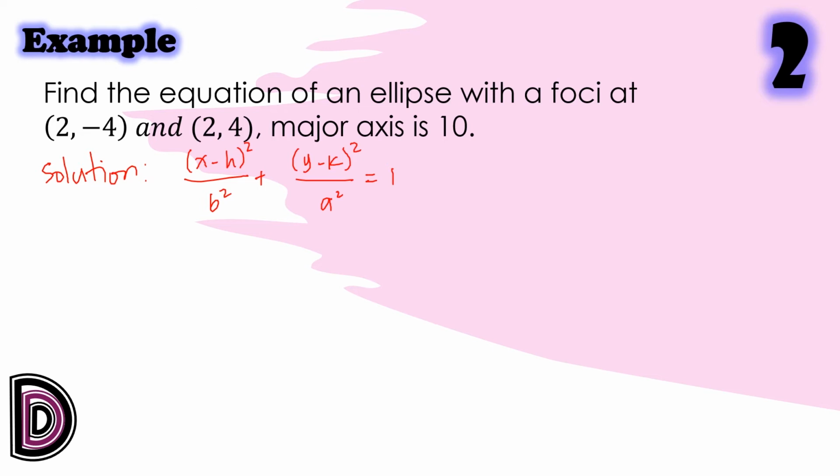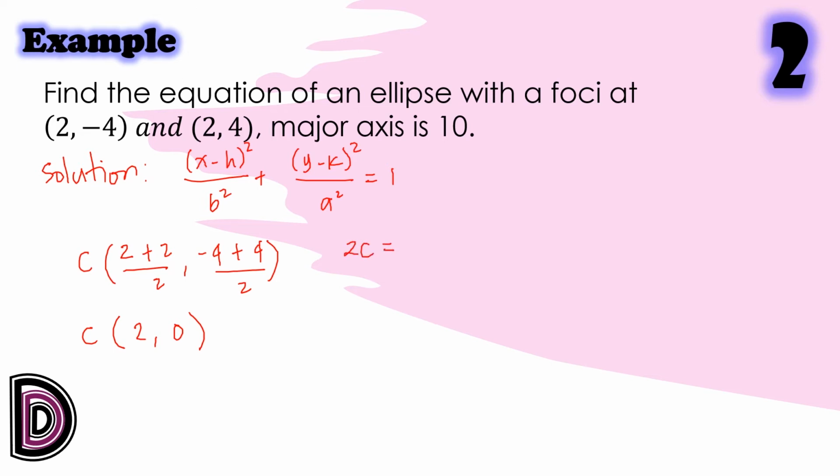The center is midway between the foci. Hence, the coordinates of the center will be (2 + 2)/2, comma, (−4 + 4)/2. The center, therefore, is at (2, 0). The distance between the foci is equal to 2c.